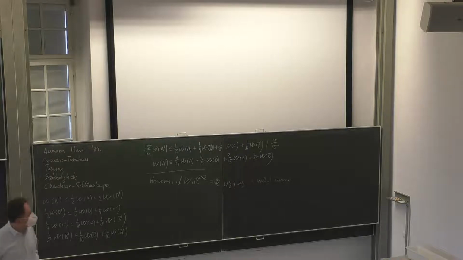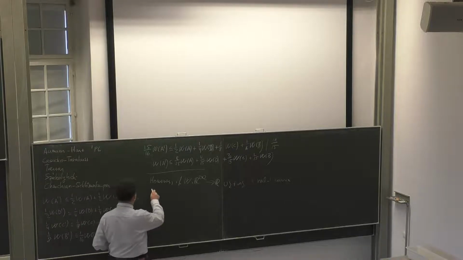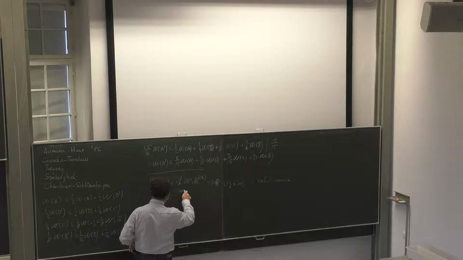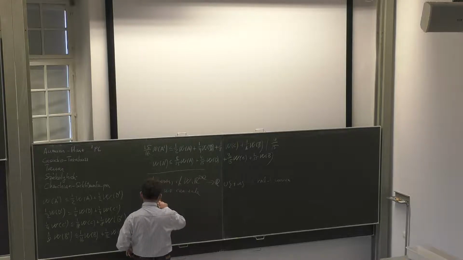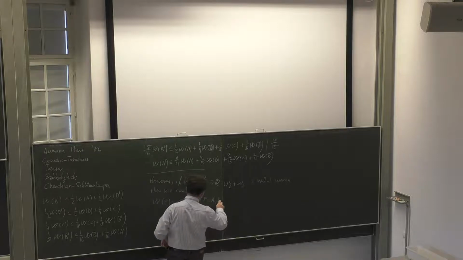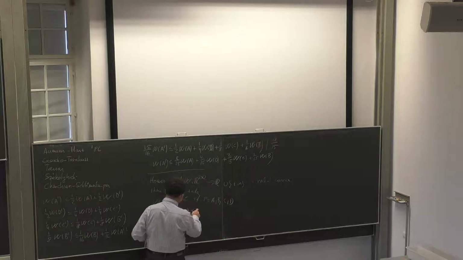Because you just take W of F equals 0 if F equals A, B, C and D, and plus infinity otherwise.